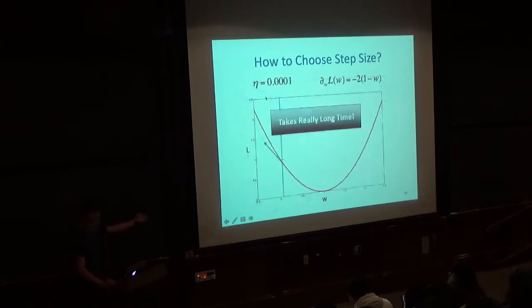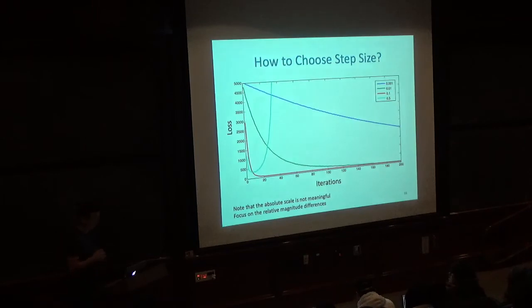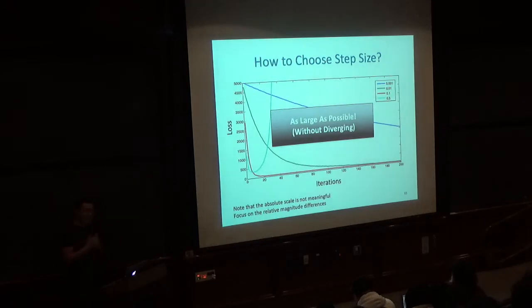And in fact, in this previous example, if I set eta to be greater than 1, you'll also diverge. Also, keep in mind that the absolute values of the y-axis are not meaningful. It's the relative comparisons that are the point of this slide. Okay, so the punchline is we should set the step size as large as possible without diverging.